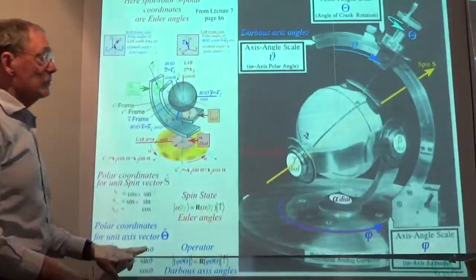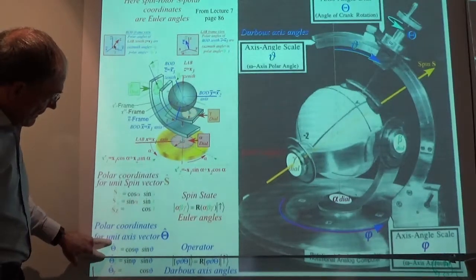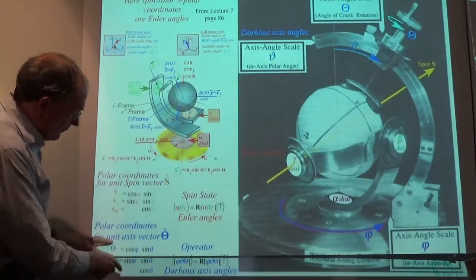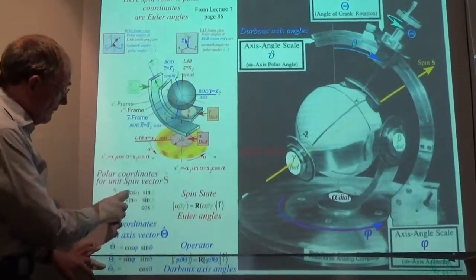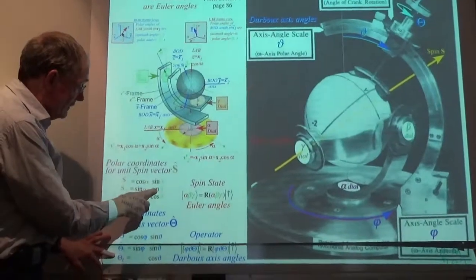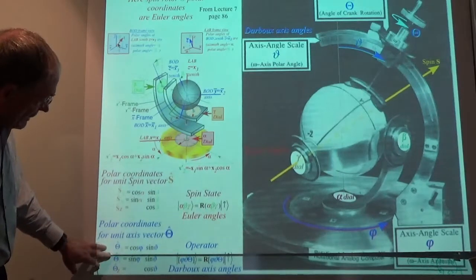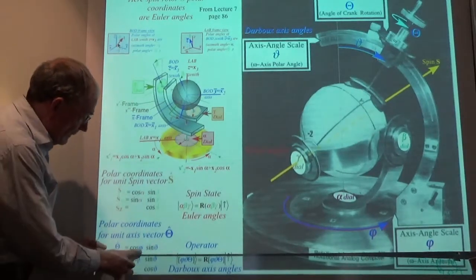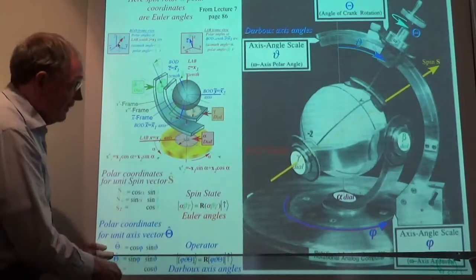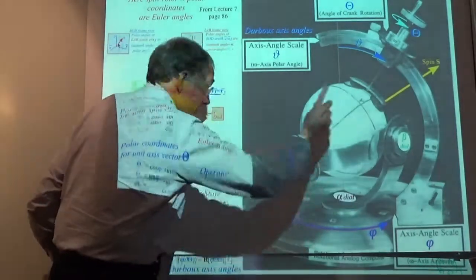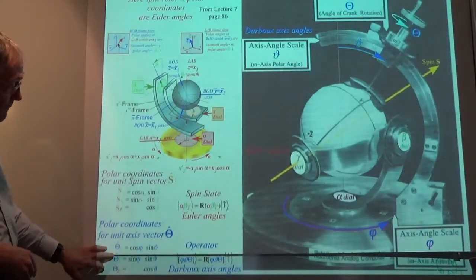We did a rotation with it about 34 degrees in the last lecture. In any case, there's the polar coordinates, three of them for it, and it's the same here, cosine sine, and then sine sine, and then cosine. The same arrangement of cosines and sines. It's just that the azimuth here is very different interpretation than the azimuth of the spin vector as far as the group theory that we're doing goes.